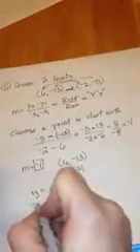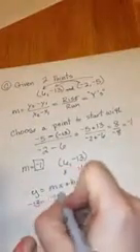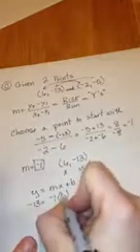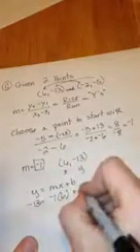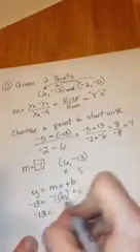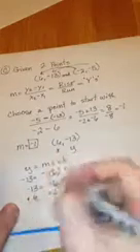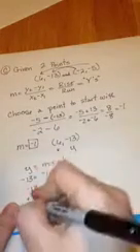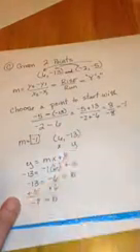Negative 13 is y. m is negative 1. x is 6 plus b. So now we have negative 13 equals negative 1 times 6, which is negative 6, plus b. In order to get rid of negative 6, I add 6, always doing the inverse operation. Negative 13 plus 6 is negative 7. That is b.